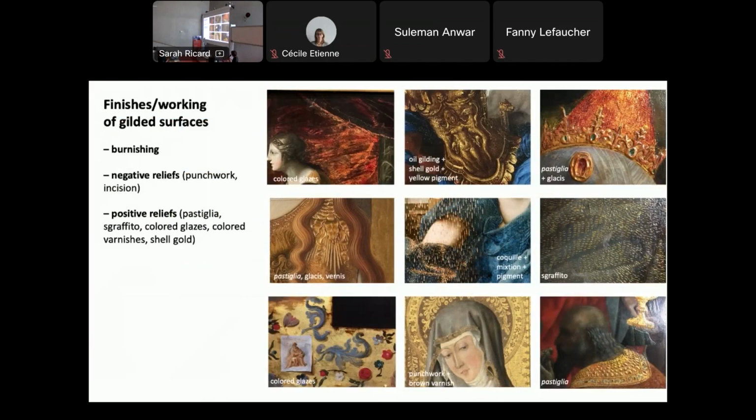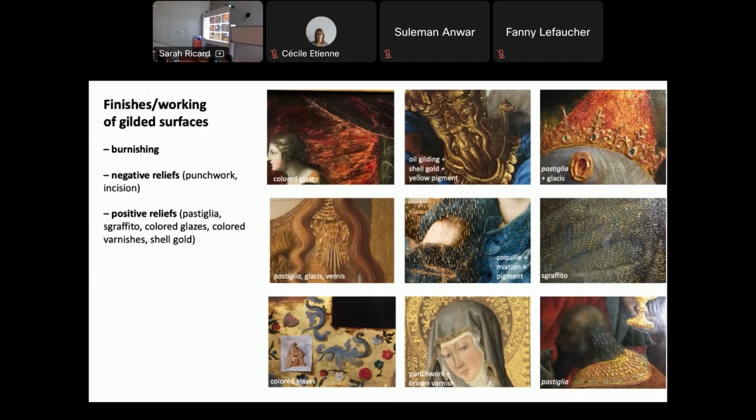So you can have negative reliefs with punchworks that are actually scratching, playing on the surface in order to apply a specific pattern. Here in the halo, for instance. You can also have incisions that are just narrow lines cut into the gold leaf. And what is very interesting for us is also all the positive reliefs, which can be of very varying density.